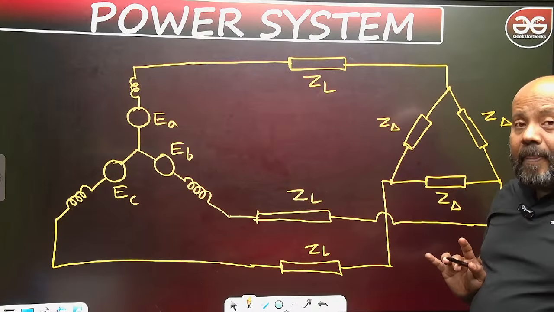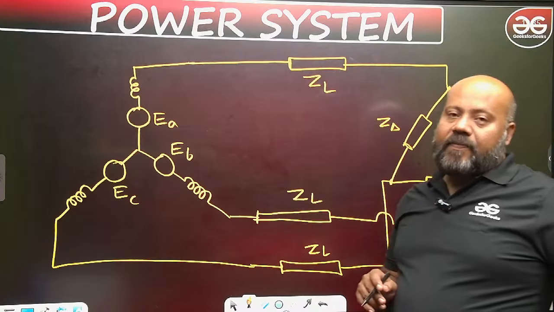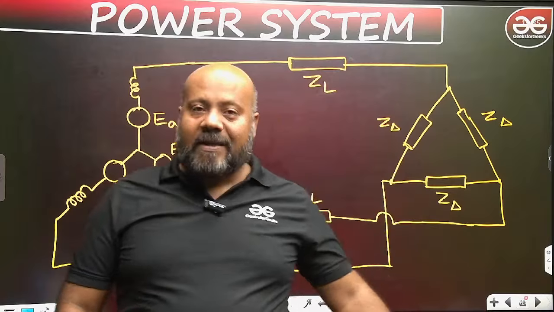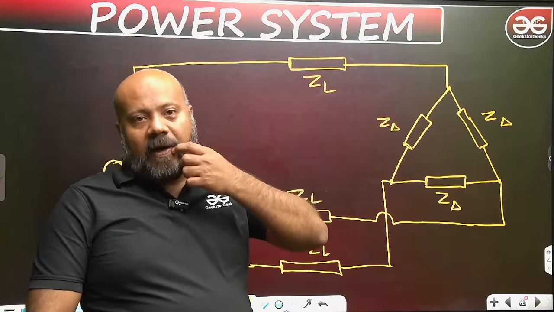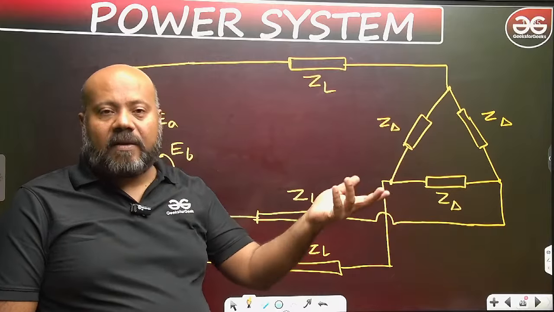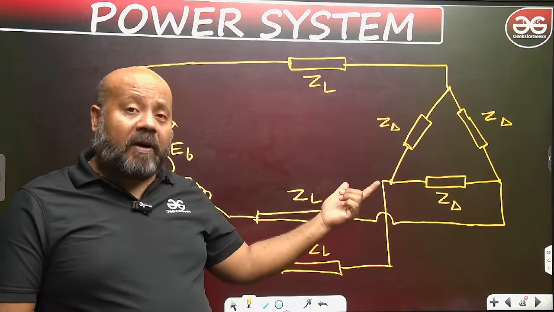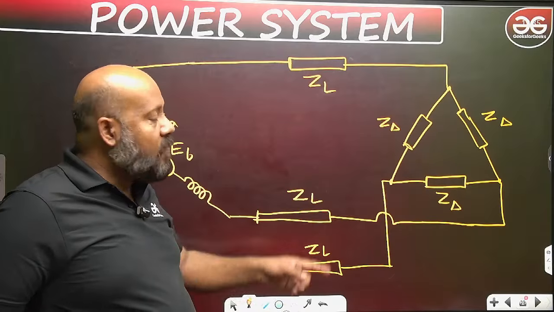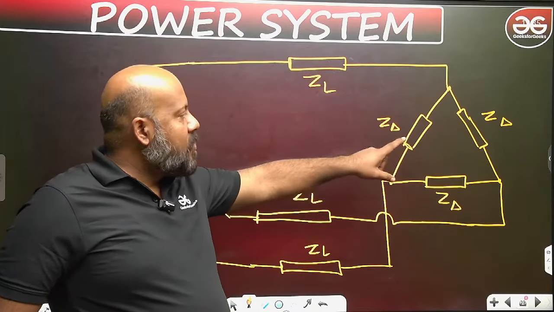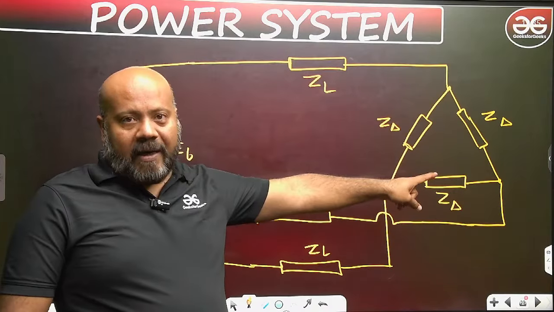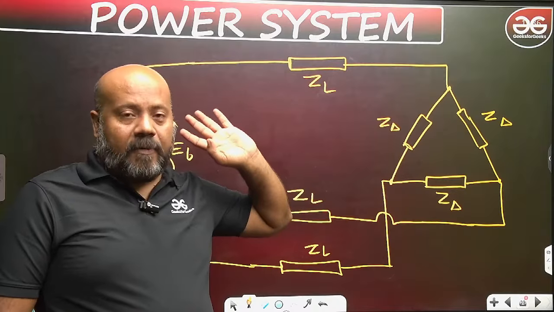Is it clear? The problem is, if one is in star and one is in delta, how you are going to apply the equation? Because we have to write for per phase basis, for one phase at a time. So I have to convert this delta connected load into star connected load.